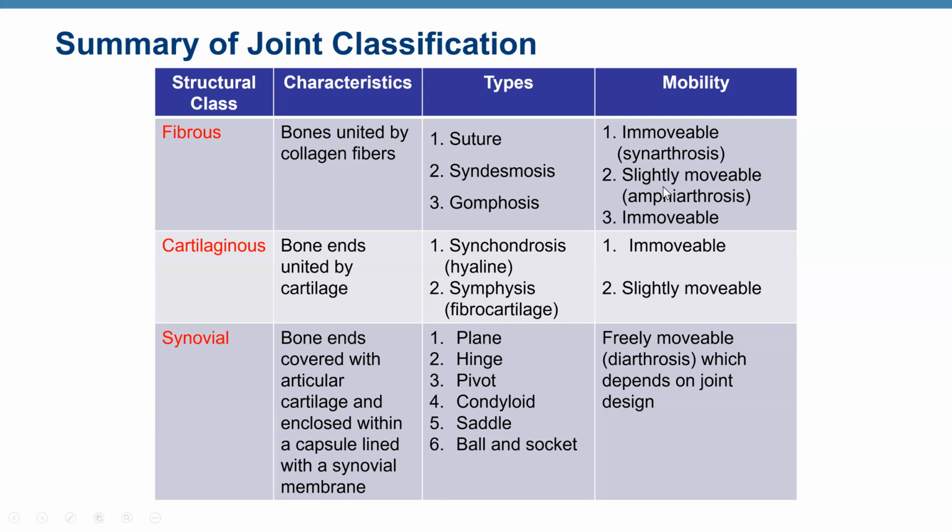So all fibrous joints are either synarthrosis or amphiarthrosis, and examples are sutures found in your skull, syndesmosis, the distal tibiofibular joint, right? That's our amphiarthrosis. And gomphosis is a joint between your mandible and maxilla and teeth.